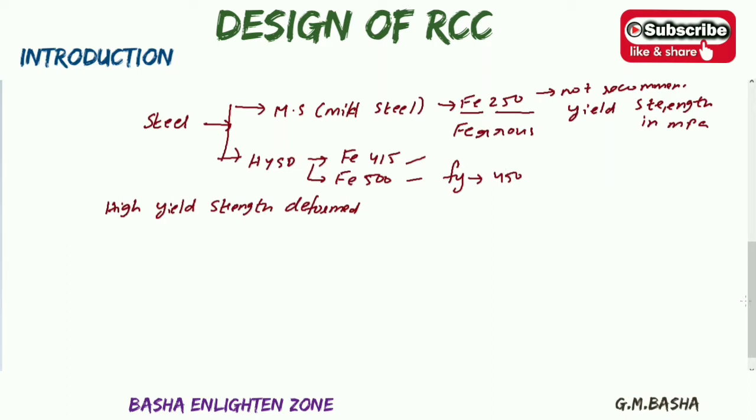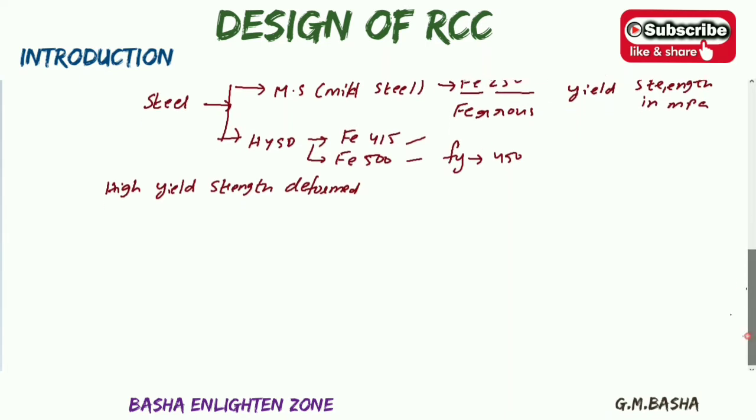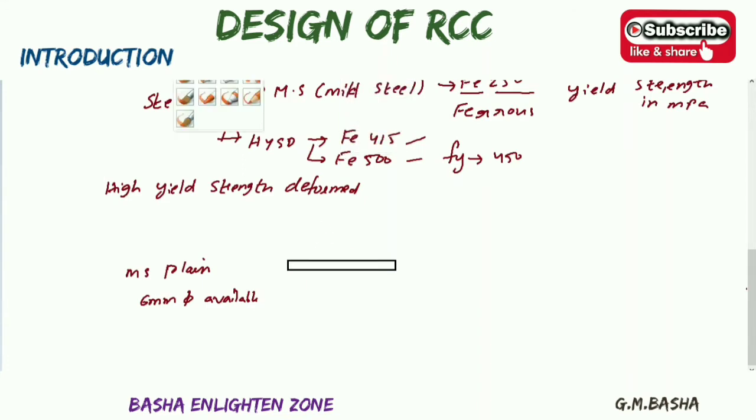Then, what are the materials easily available in the market? In MS, plain bars of 6 mm diameter are available.